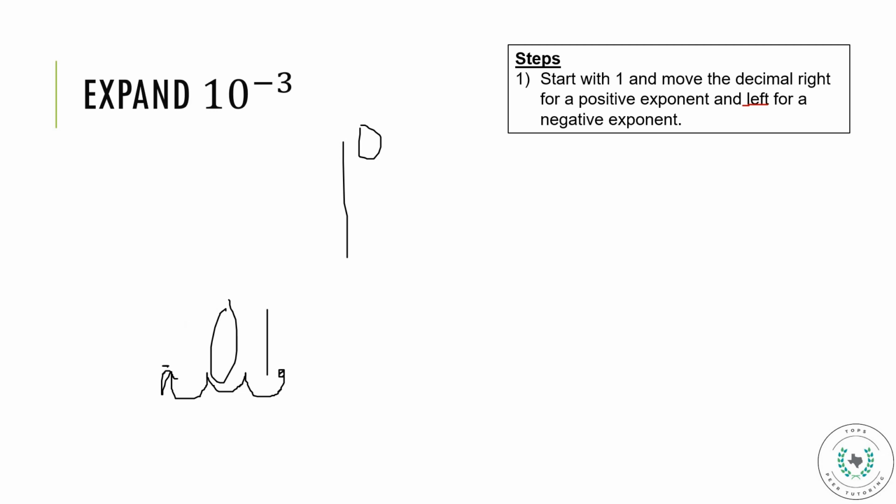Now, of course, the faster way that you can do this is you just write the 1, and then you say, okay, we're moving 3 spaces to the left, so we need 2 zeros, because the decimal was already behind the 1. So we only do 2 zeros, because one of it is just putting that 1 behind the decimal instead of adding the 0.